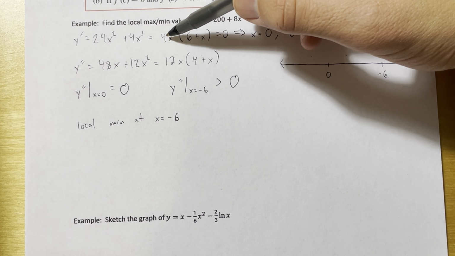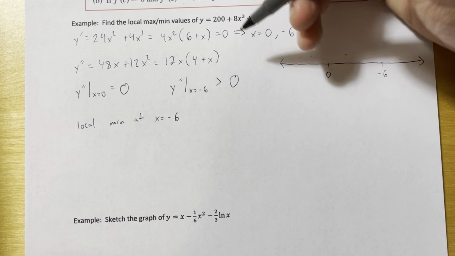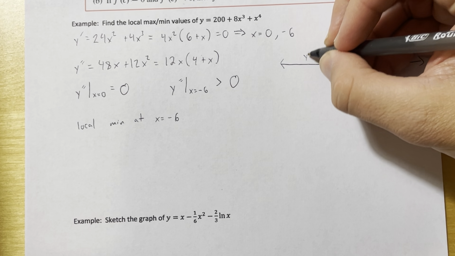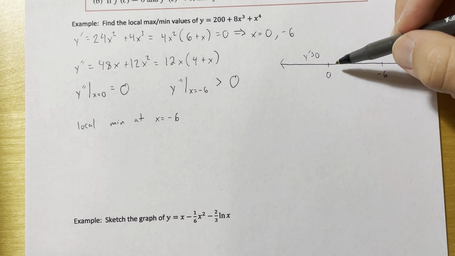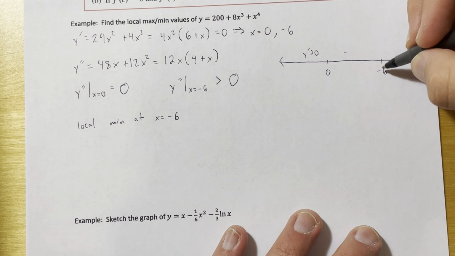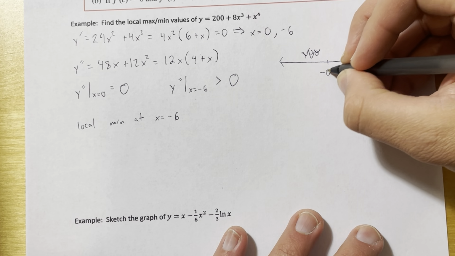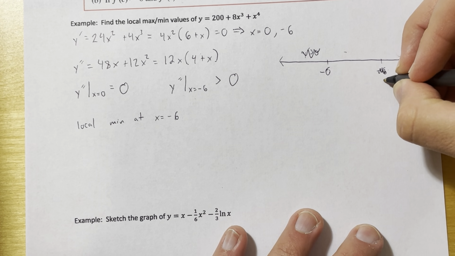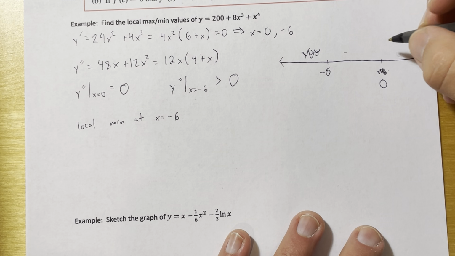Then I'm going to get a positive here. 6 plus -1 is positive, so I get y prime being positive there. Oh, you know what? I knew this looked weird. I put my numbers in the wrong order. Of course, -6 is over there. Something felt weird about that. Okay, let's try this again.